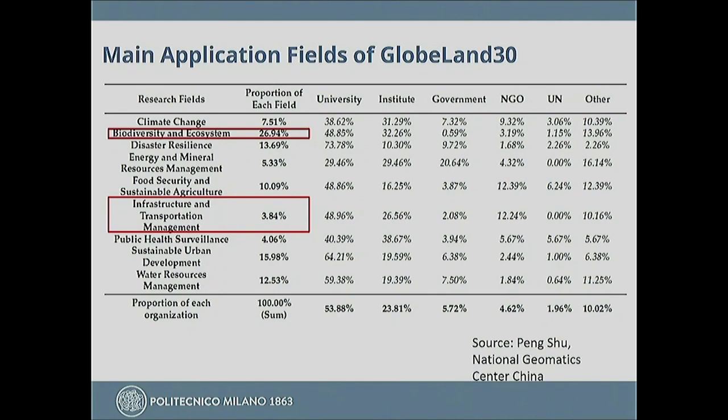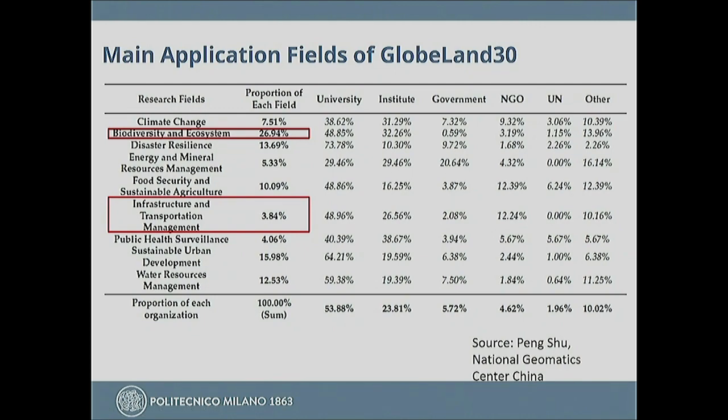And they wanted also to better understand which are the main usages of the map. So for verifying that, we can check this table, which is summarizing the usage, the reasons or the fields in which GlobeLand30 was used. And if we consider an average value with respect to the usage of university, research center, governments, NGOs, United Nations, others, and so on, we see that the main reason of usage of this map is for studying biodiversity and, in general, the ecosystem.